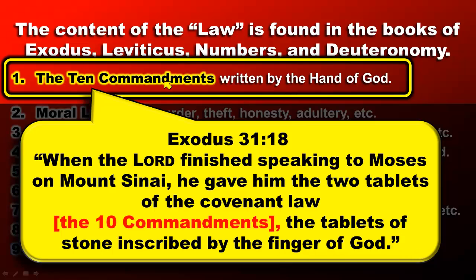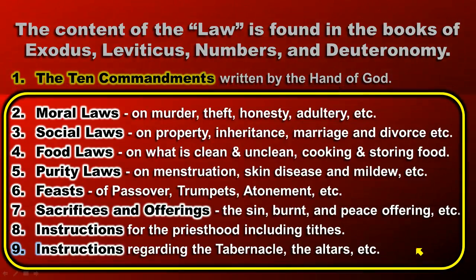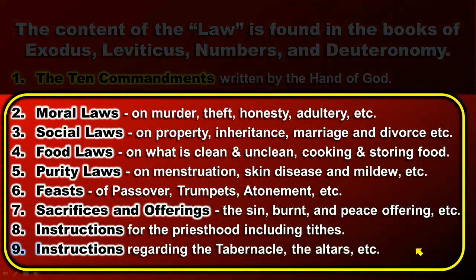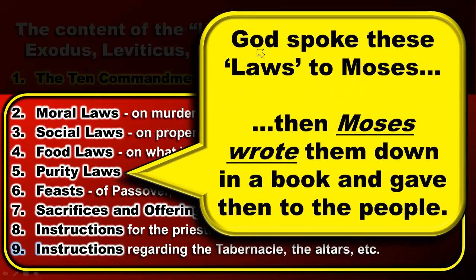So the 10 Commandments were written by the finger of God. And God spoke these laws to Moses. And then Moses took what God gave him, and Moses wrote them down in a book and gave them to the people. So they were different.